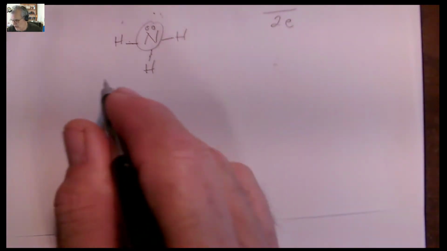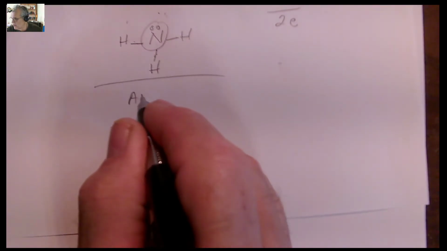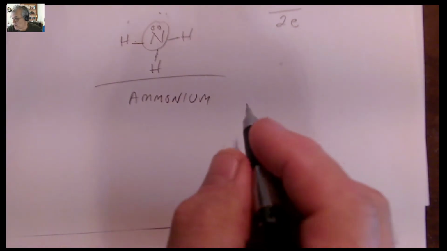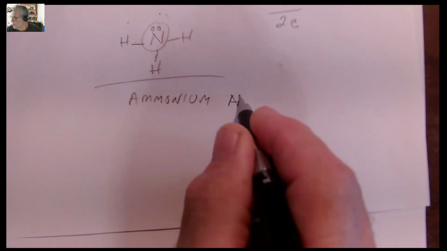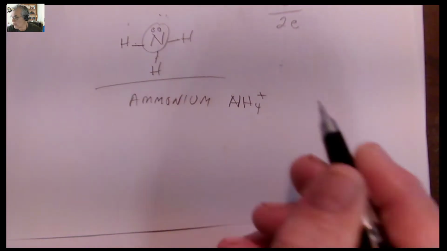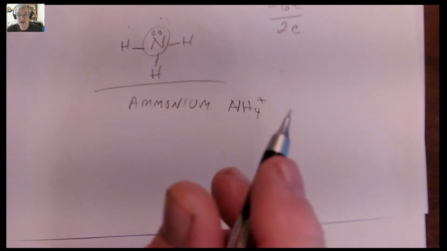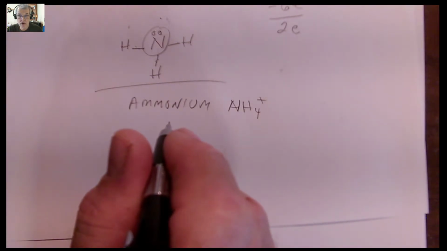Let's try one that's a little bit different. It's a polyatomic ion, and that's ammonium. Ammonium ion. So ammonium ion is what? It is NH4 plus. Now, the plus tells us what? The plus tells us that there's one less electron than we would normally have.